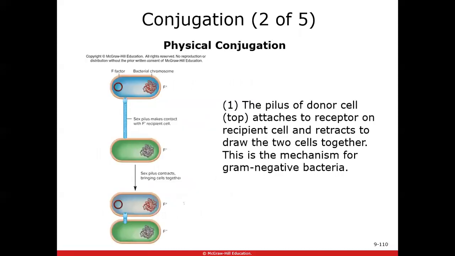Here is an example of it. This is the F factor, and this one does not have it. The one that does has a pilus that makes contact. It teaches the other how to develop this pilus, and now both of them have the F factor.